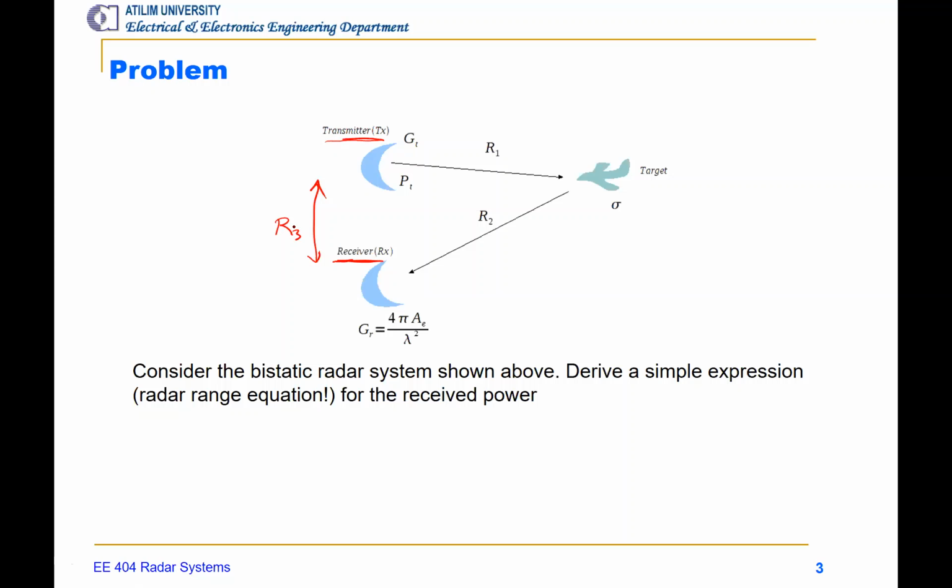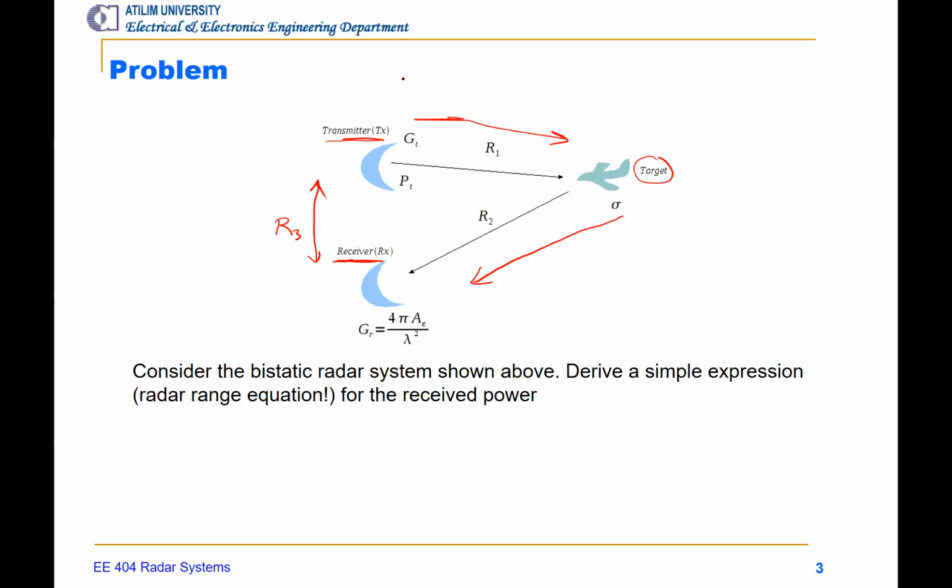And we have to write the radar range equation here by using two links, one from the transmitter to the target and the other from the target to the receiver. Since the transmitter and receiver are not co-located, they are not on the same side, we have to rewrite the radar range equation here differently.